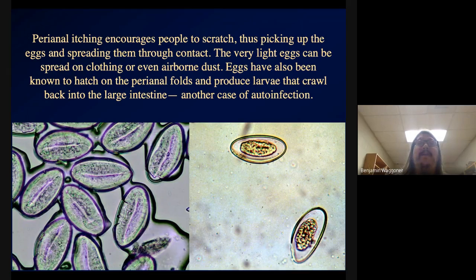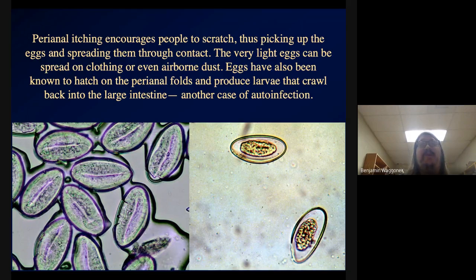You can even get them in airborne dust. Sometimes teachers will get this without direct contact with any kids. It's just that some kid is shedding eggs, and they tend to get everywhere because they're very light and very small. They could end up in the dust and contaminate the teacher's food, or maybe even get breathed in.